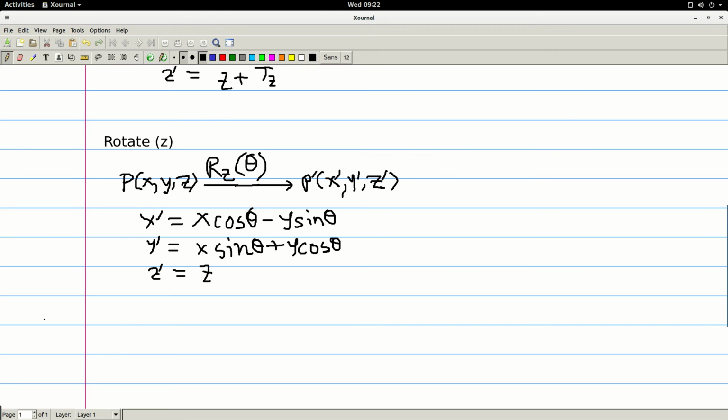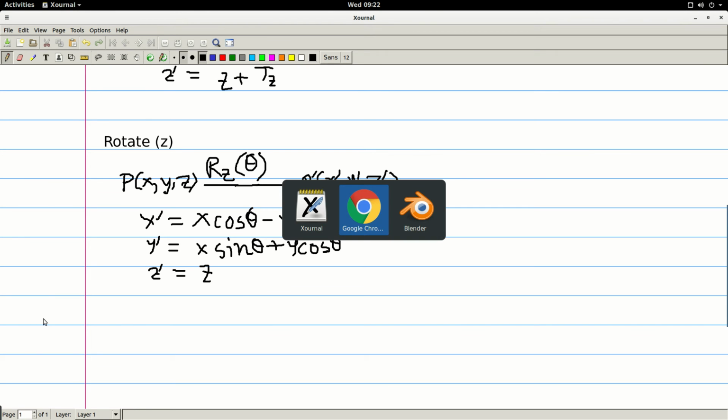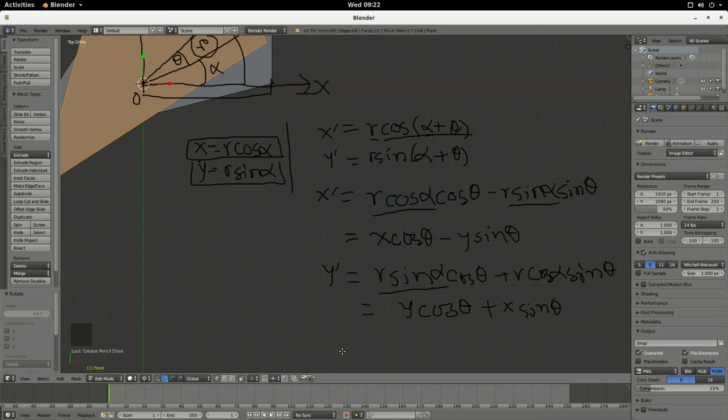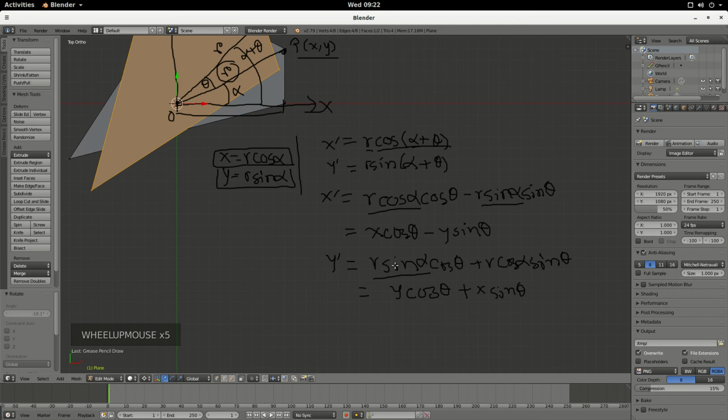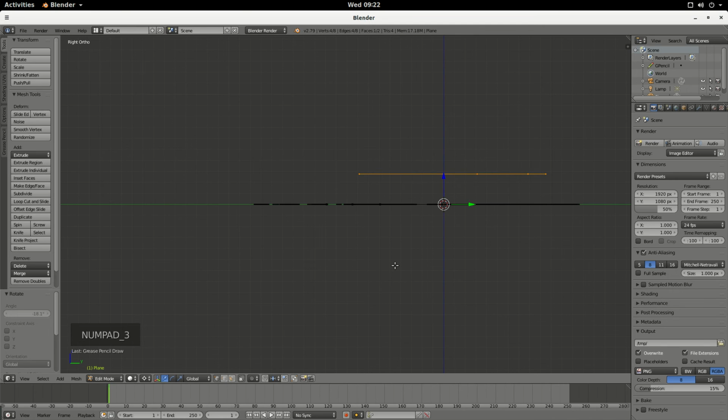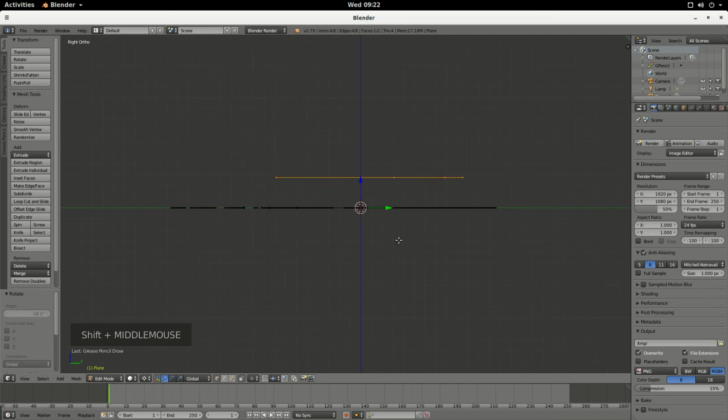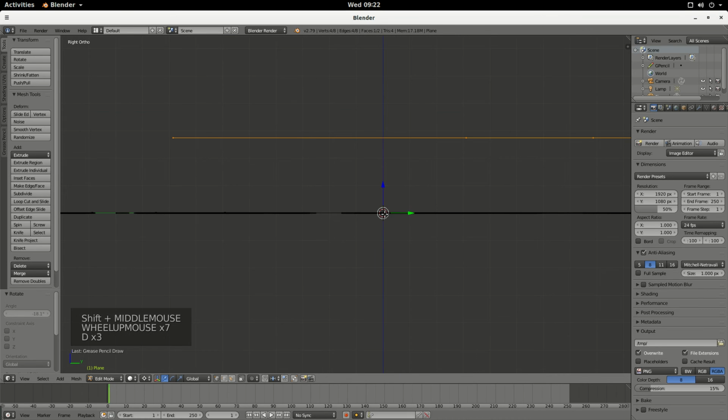Okay? When you rotate on the x-axis, things are going to be different. See how we are rotating about the x-axis? To find out the formula for x rotation, you have to look at it from this side, where you have z coming out towards you, and here we have y, here we have z.